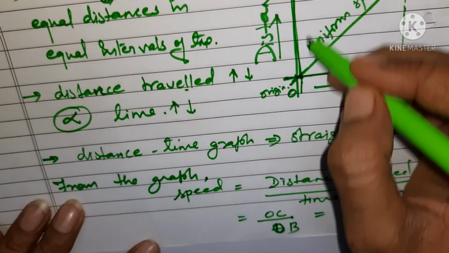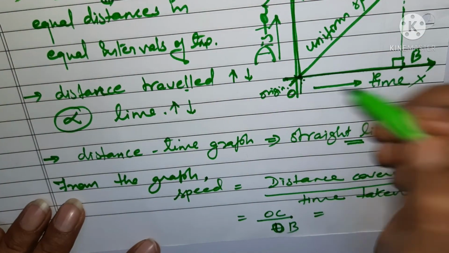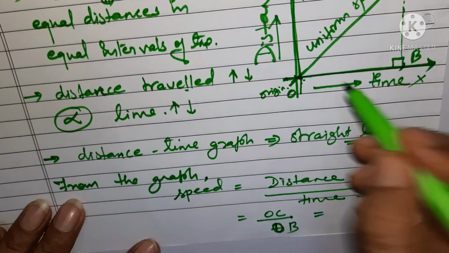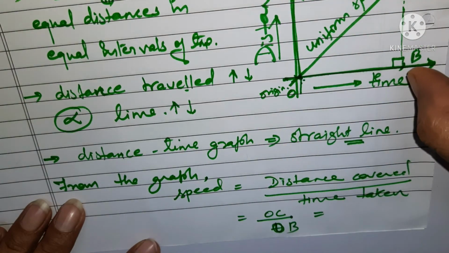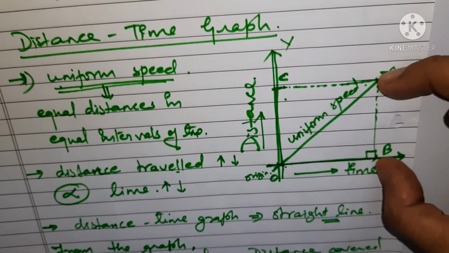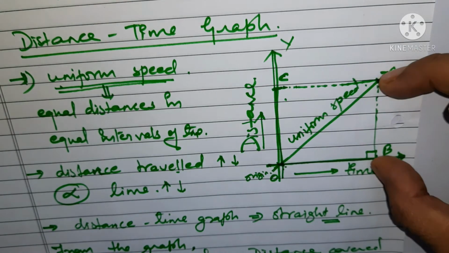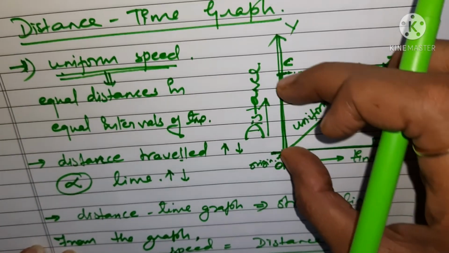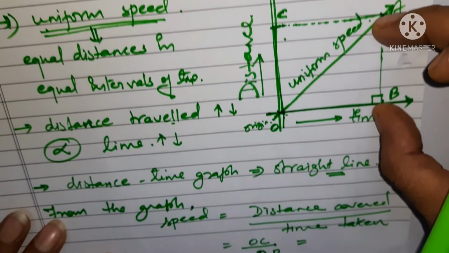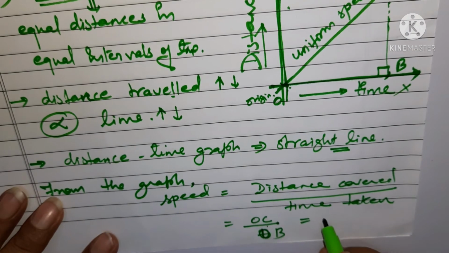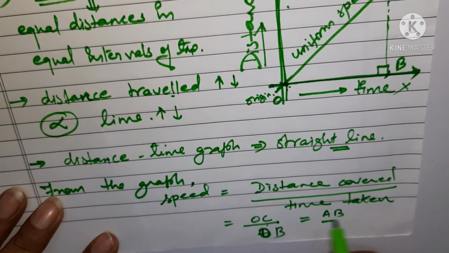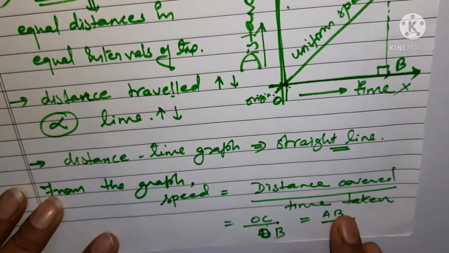Now this OC can be written as AB. This OC is equal to AB. Can you see? It is the same distance here, right? So instead of OC, we can write AB. So AB upon OB. Can we write like this?